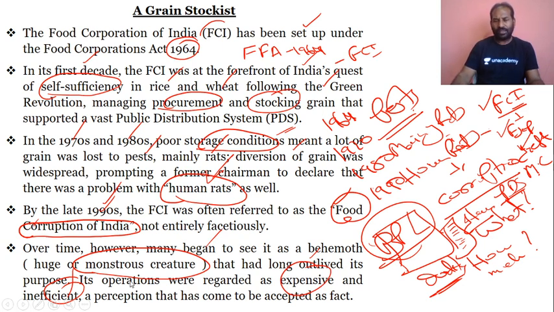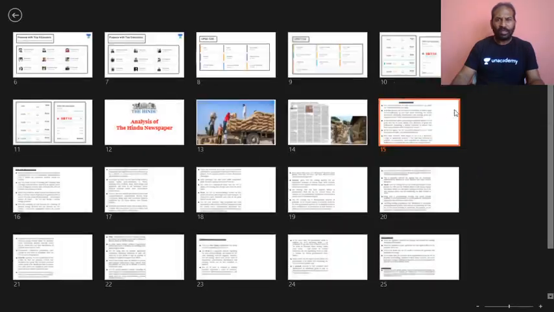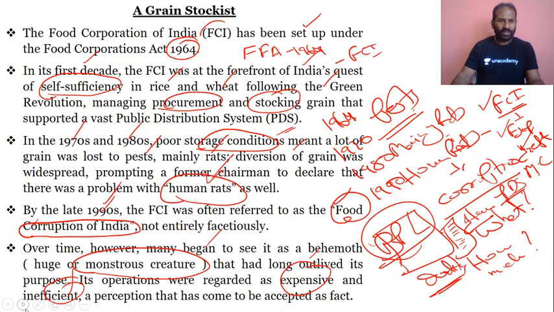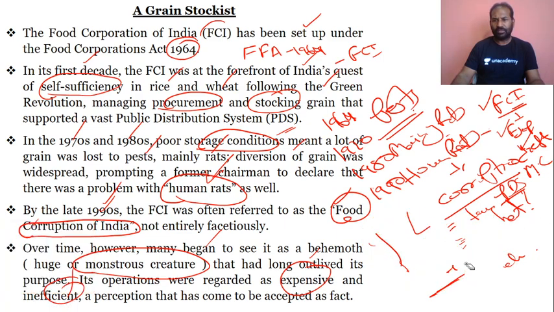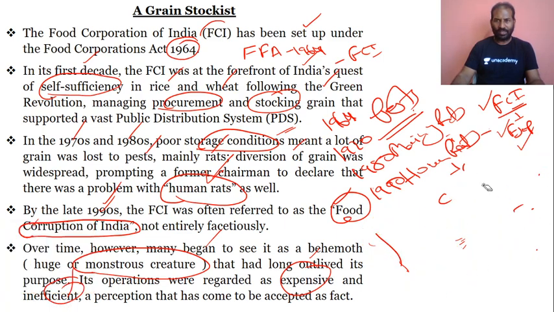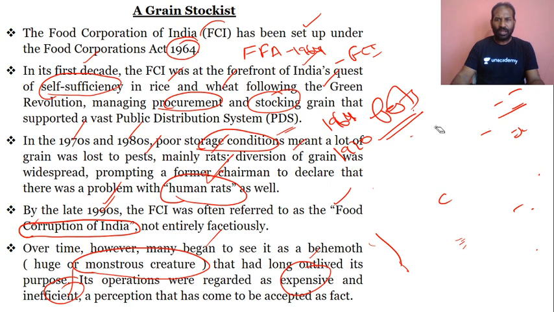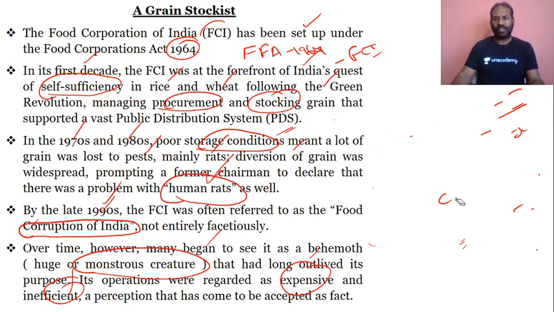But looking at 2020, the situation has changed very drastically and really improved, and it handled the COVID-19 situation very effectively. So I think you are understanding better how we are linking right from its inception through the Food Corporation of India Act 1964.